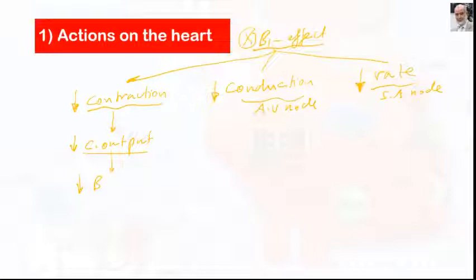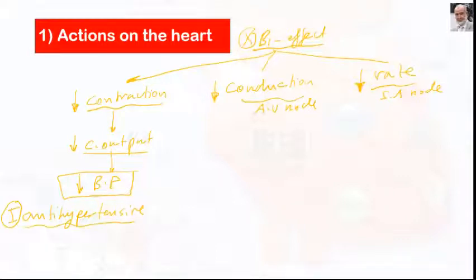Blood pressure will decrease. This is one of the mechanisms responsible for the anti-hypertensive effect of beta blockers. So they are used as anti-hypertensives. This is the first indication. They are used as anti-hypertensives because they can decrease the cardiac output, and therefore they decrease blood pressure.